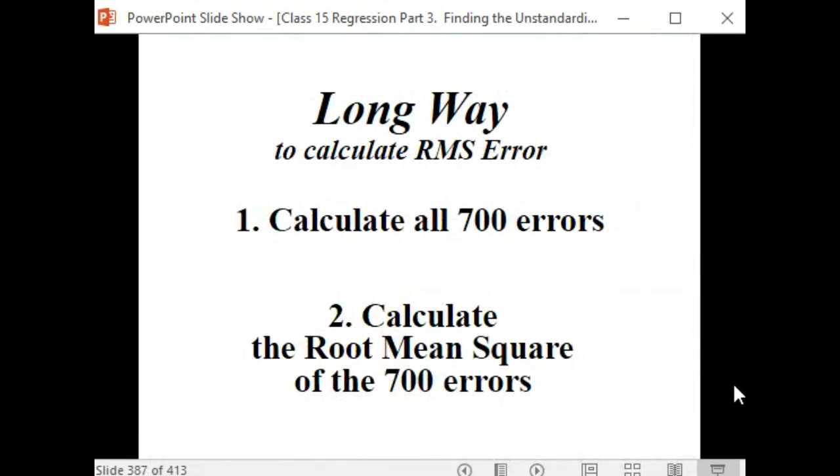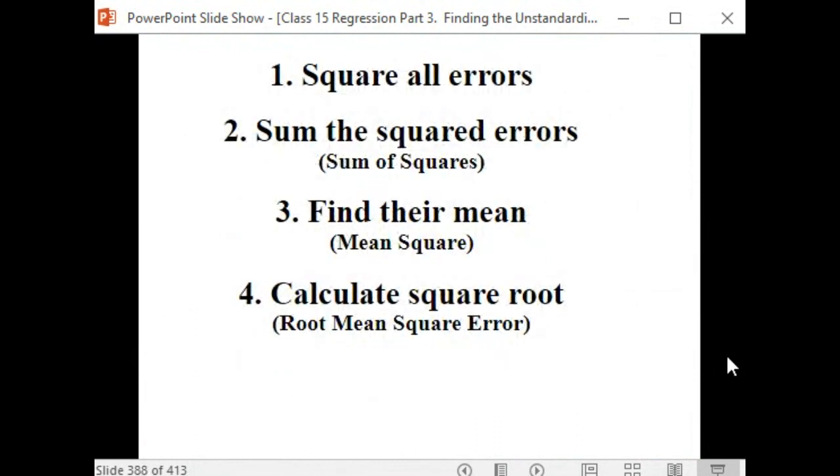You then calculate their root mean square. That is, you calculate the root mean square of the 700 errors. So first you square the errors, then you sum them, then you find their mean, and finally you calculate the square root of the mean. And these are exactly the same steps you already know for the standard deviations.